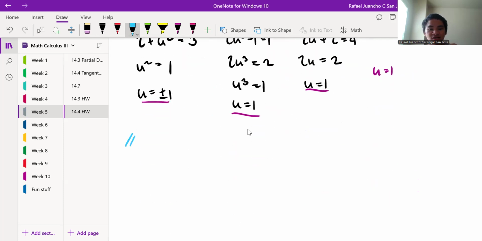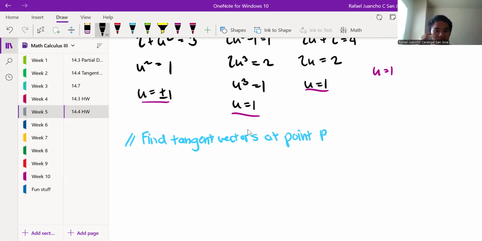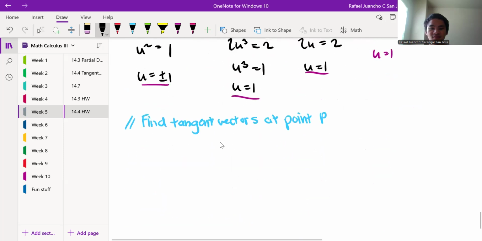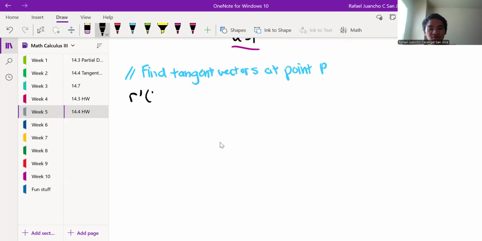Next step. After we know that, we want to take their tangent vectors at that particular point. So at point P, that's our initial point, we compute their derivatives, and we plug in these parameter values after. So let's compute their derivatives. R prime of t sub 1.